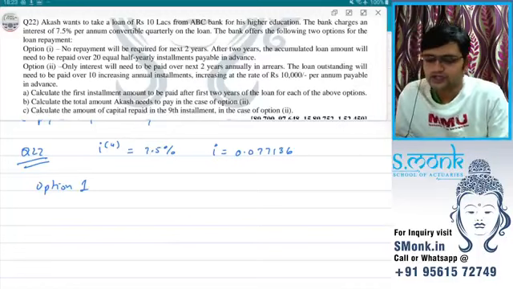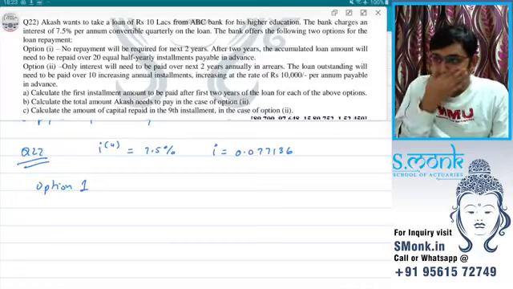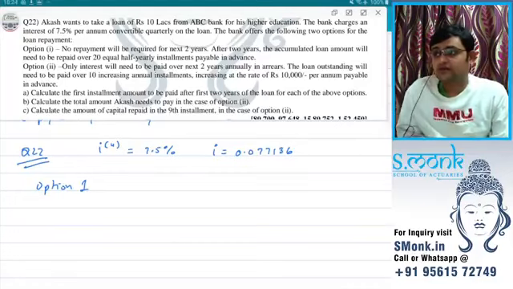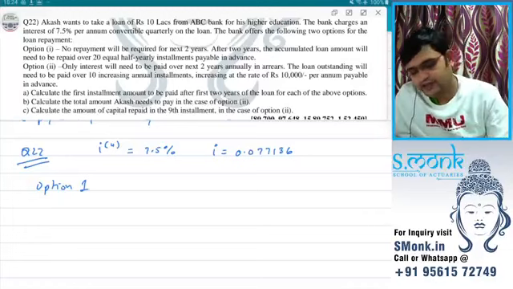So that means in 2 years time, the loan will be accumulating. That means the interest will be accumulating.